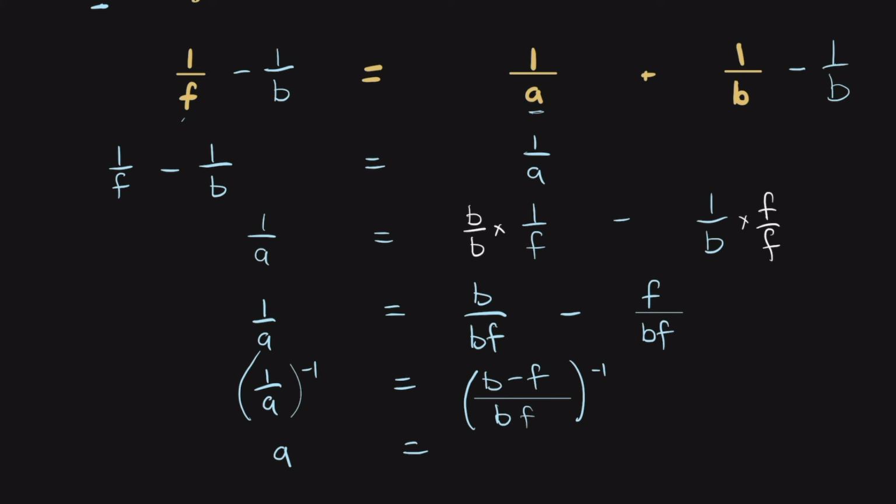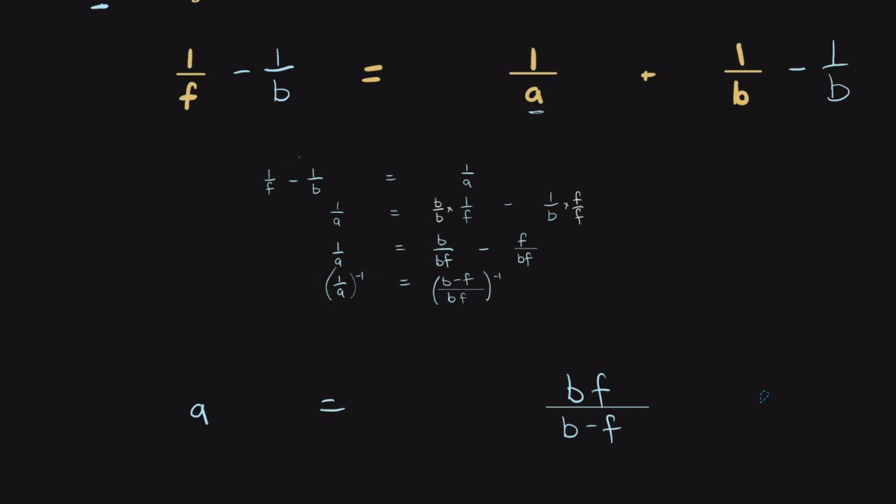And if we flip this term on the right-hand side of the equal sign, we're going to have bf over the top of b take f. And that's our solution. I'll just move some of this so we can see it very clearly. A equals bf over the top of b take f.